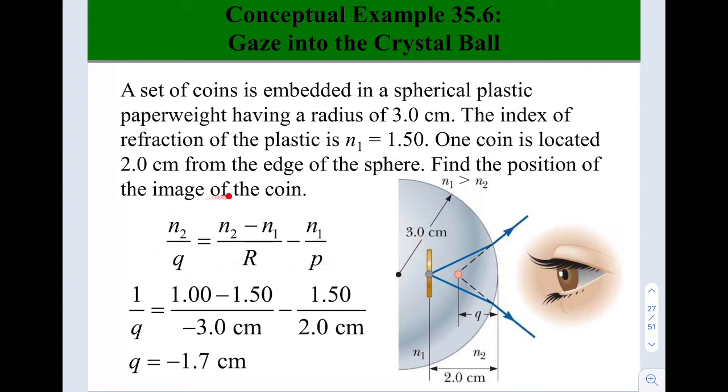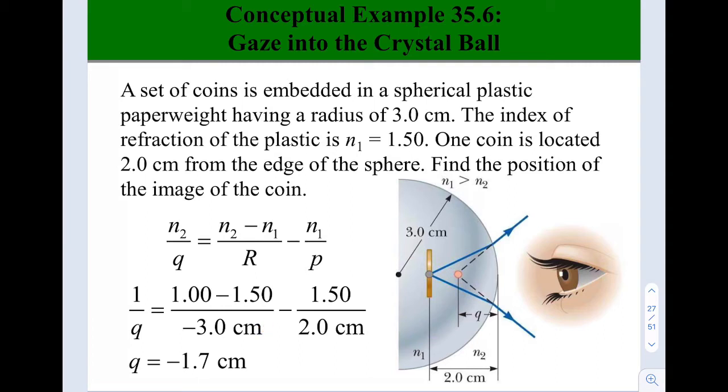So, this is the equation for refraction within a material. 1 over q is equal to, n2 is 1, and n1 is 1.5, right? So, n1 is bigger than n2, remember.